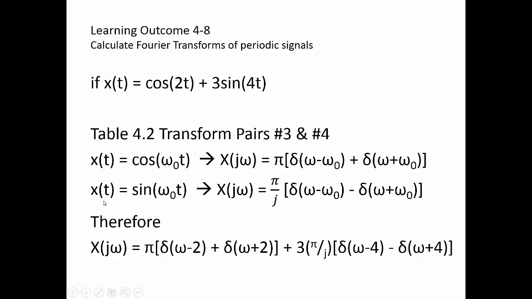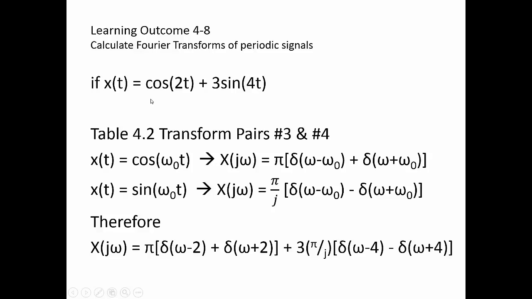Transform pair 4 says if our time signal is sine of omega naught t, our Fourier transform will be pi over j times delta of omega minus omega naught minus delta of omega plus omega naught. Recall that the Euler formula for cosine had a plus, and the Euler formula for sine had a minus. This occurrence of plus and minus is related to that. Hint, look at transform pair number 2, see if you can figure out where these derive from.